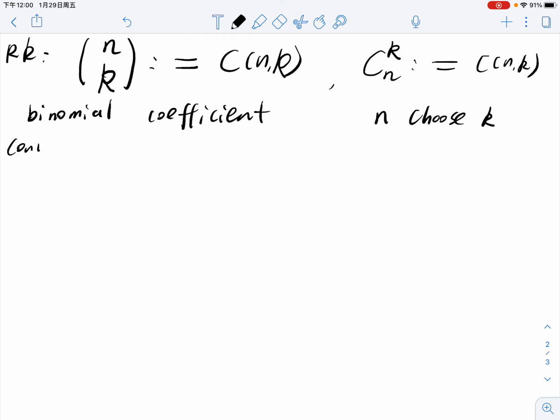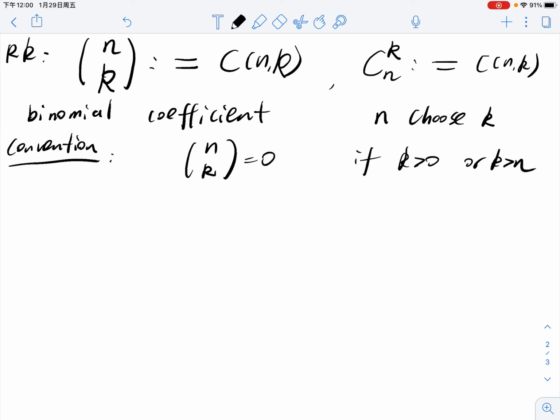And then the convention. n choose k is 0 if k is less than 0 or k is greater than n. And n choose 0 has properties that can be a consequence of the previous convention that P(n,0) is 1.